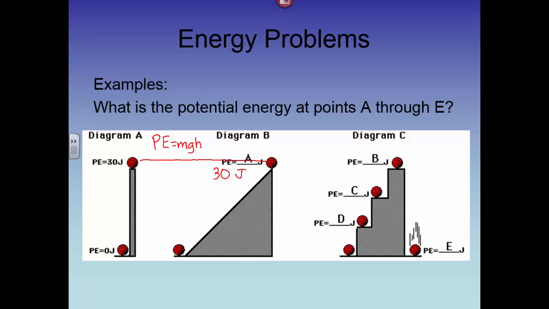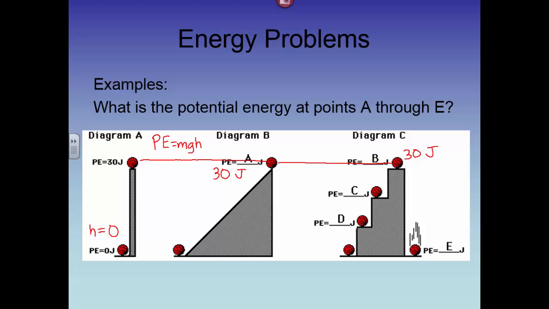Again, point B is at the same height as point A. So the potential energy at point B would be 30. And before we do C and D, let's go ahead and skip down to E. Because you can see when the ball is on the ground, its height would be 0 because it's not above the ground.